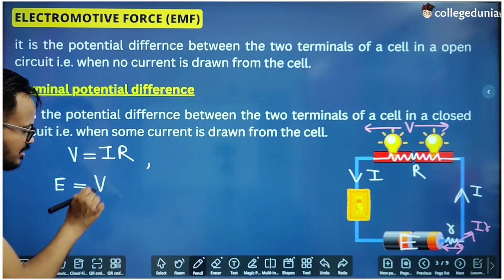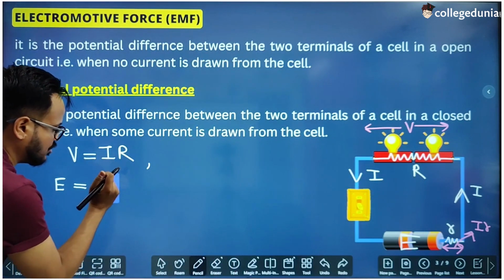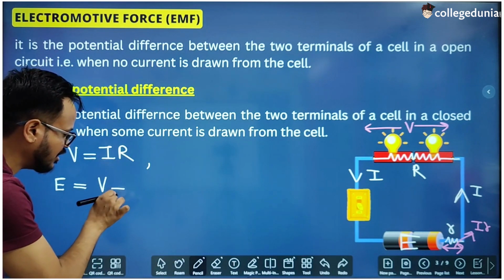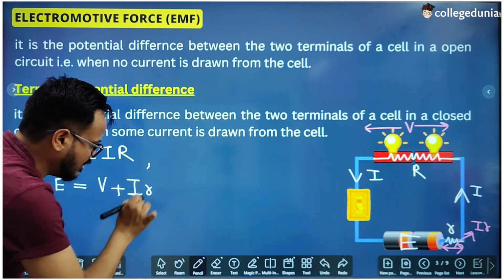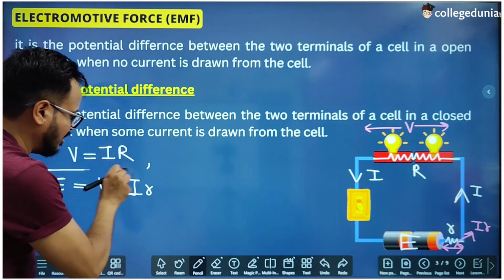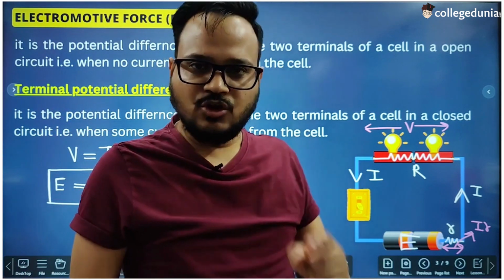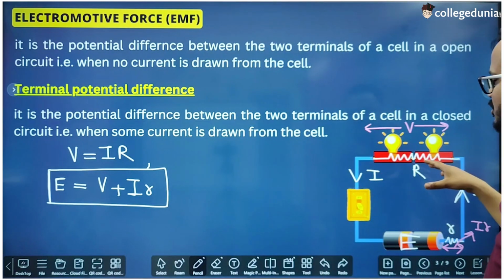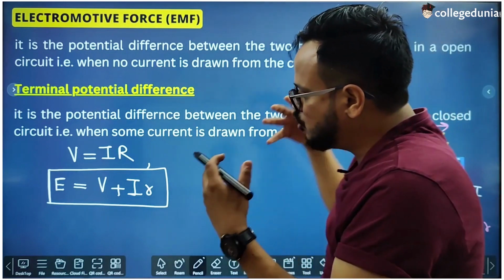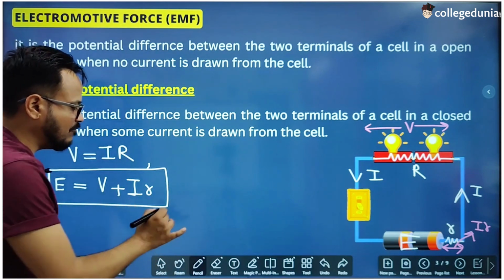Out of that E, V is used here and Ir is used here. So this is the formula for the EMF of a cell. If we know the potential drop across the external resistance, the internal resistance of the cell, and the current flowing in the circuit, we can find the EMF of the cell.